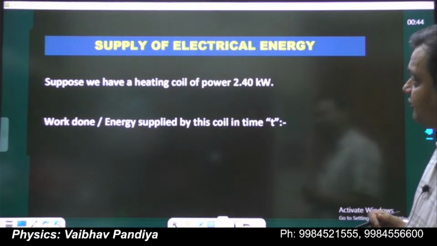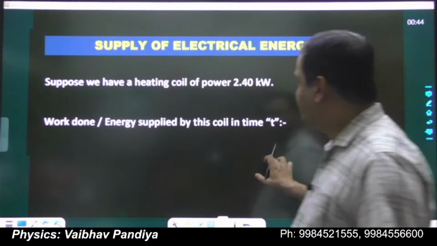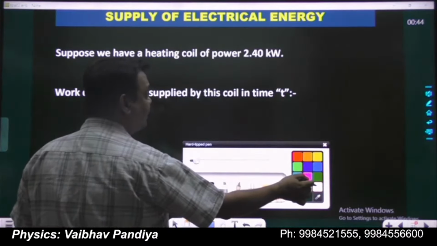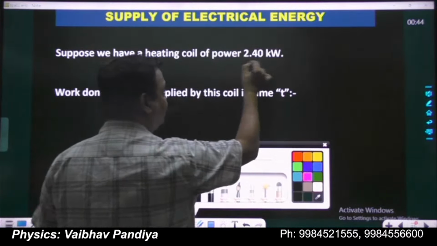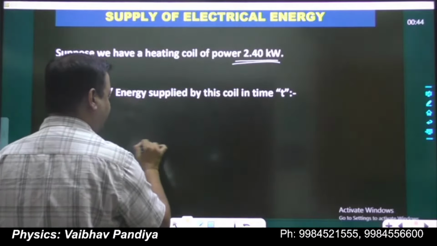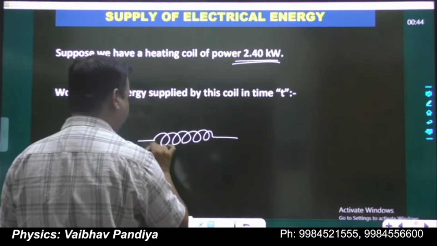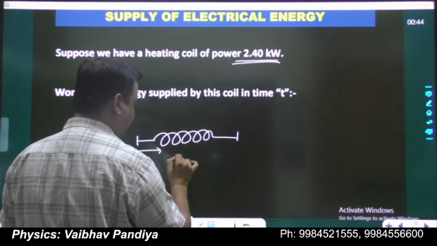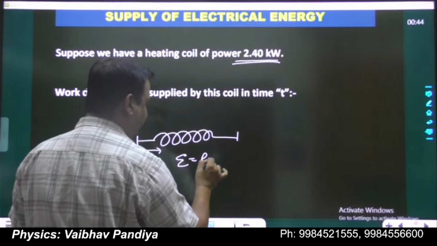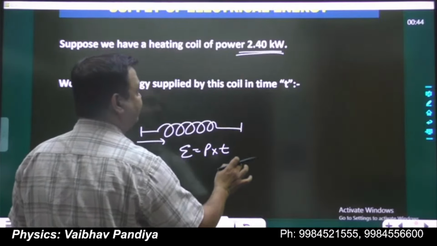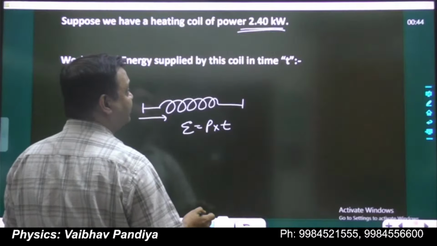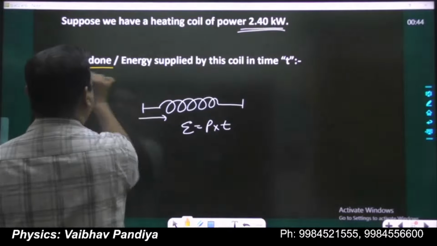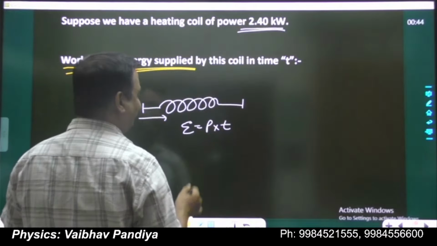So see the supply of electrical energy. Suppose we have a heating coil of 2.40 kilowatt. We know the unit of power is watt and kilo means 10 power 3. So suppose you have a heating coil and here the electrical energy is coming. So the energy will be P into T, correct? So its power is 2.40 kilowatt. So what will be the work done or energy supplied by the coil in time T?